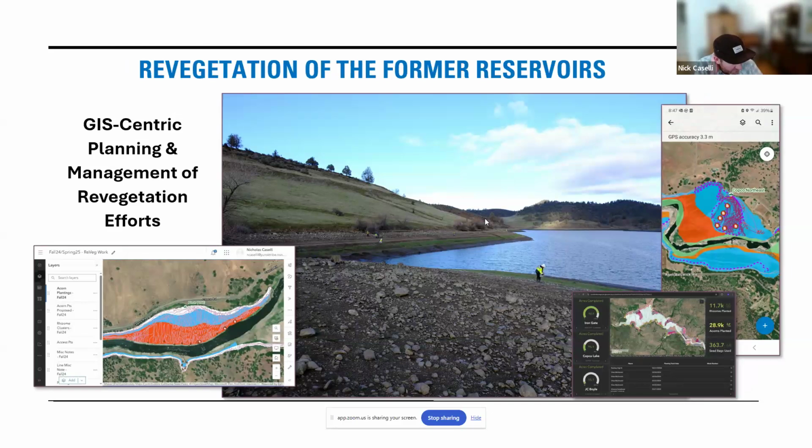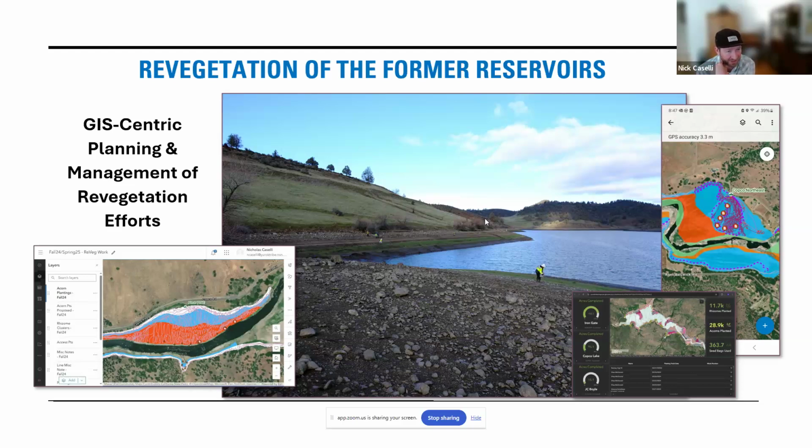It started several years before removal with invasive species eradication, seed collection, germination. We really had to hit it hard during removal to try to get vegetation established in the footprints before invasive species could take over. And throughout this project, GIS was really central to management of it.